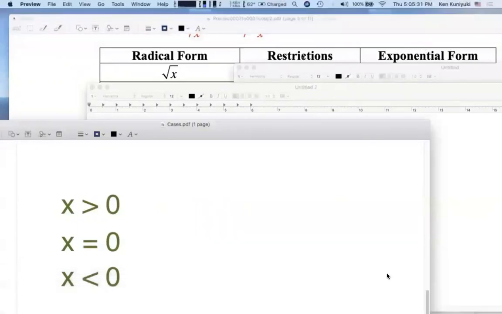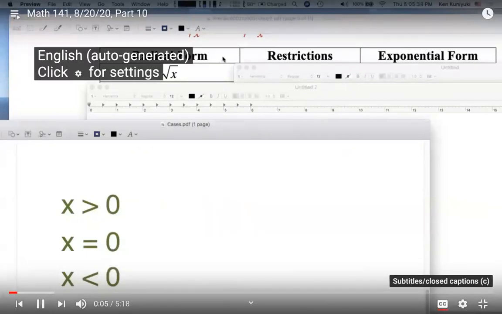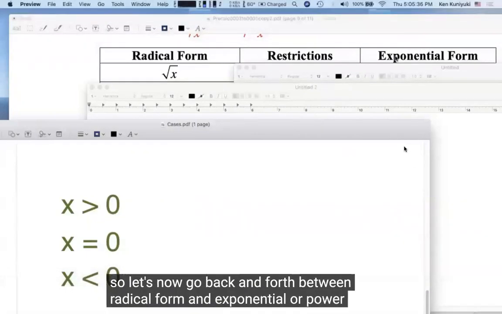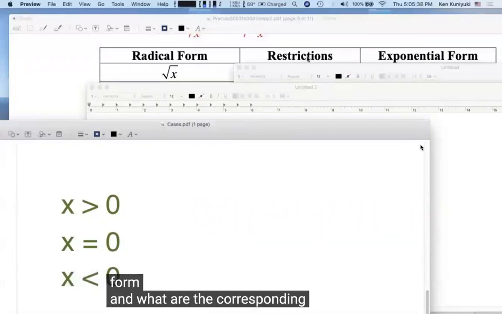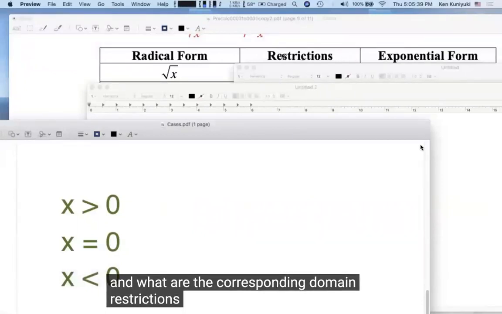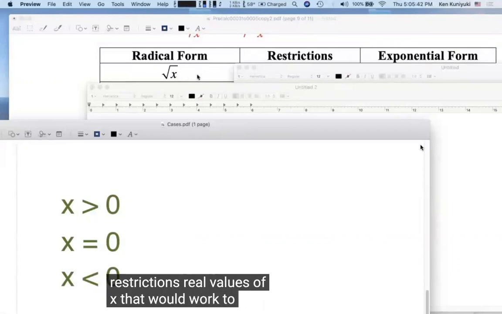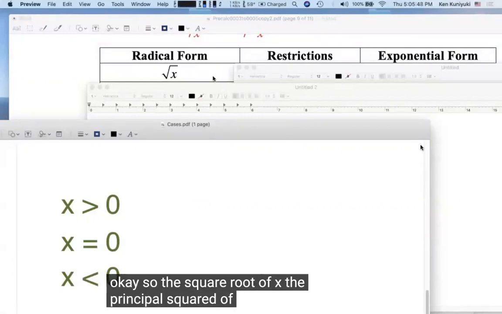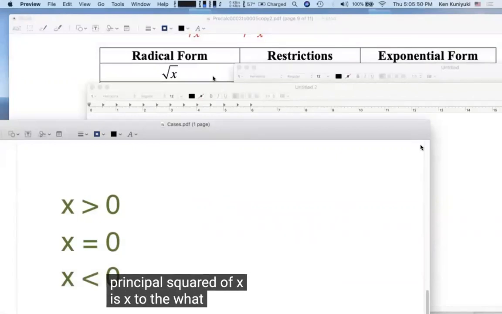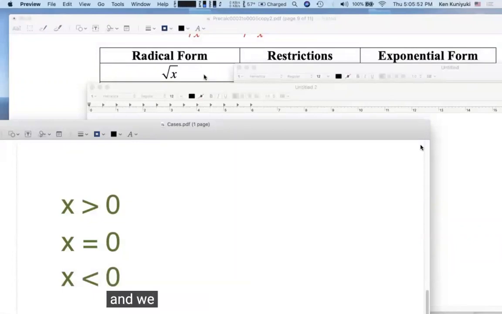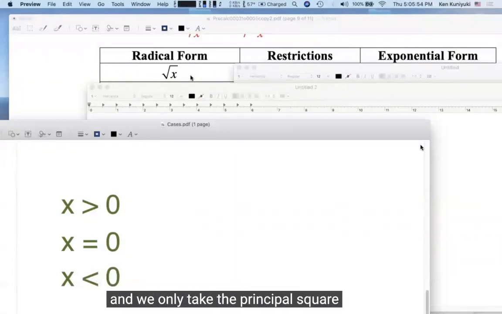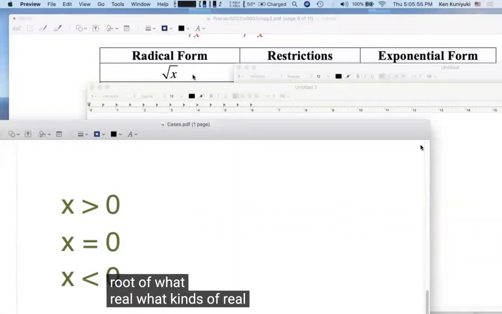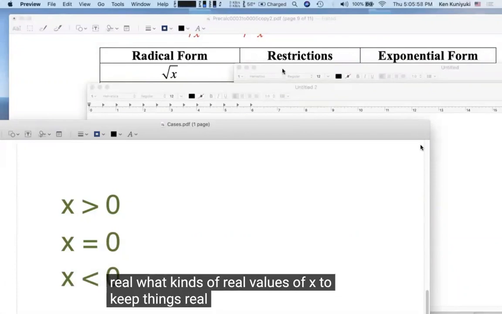Hi, everyone. So let's now go back and forth between radical form and exponential or power form. And what are the corresponding domain restrictions? Real values of x that would work to keep things real. Okay, so the square root of x, the principal square root of x, is x to the what? And we only take the principal square root of what kinds of real values of x to keep things real.